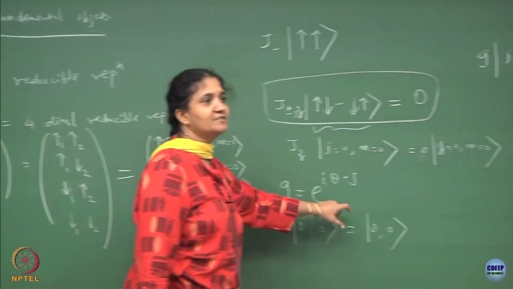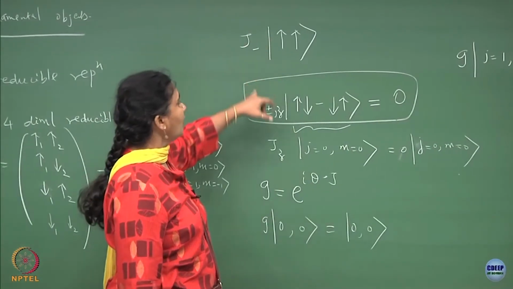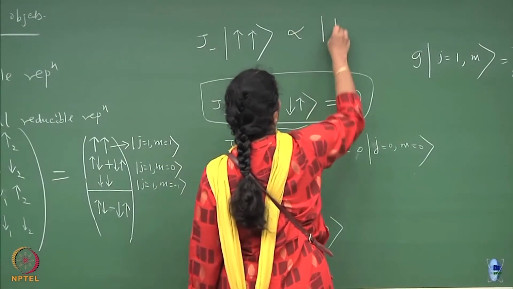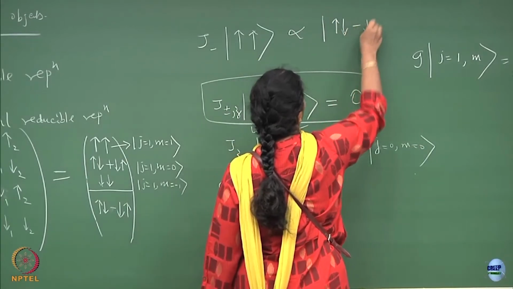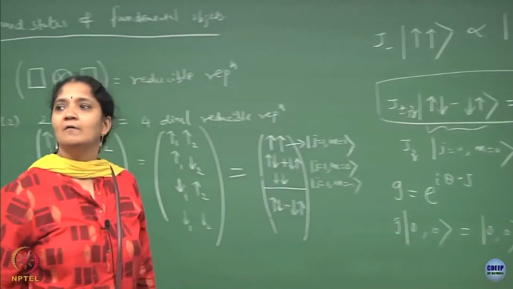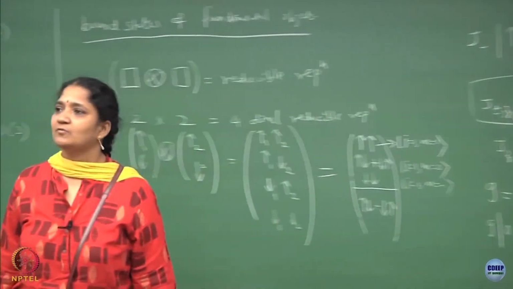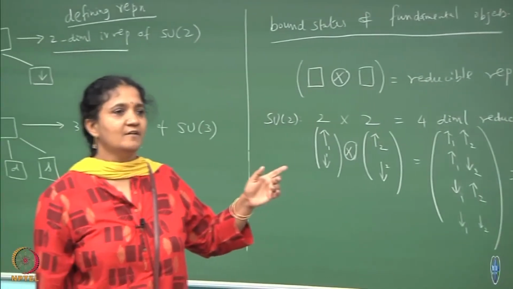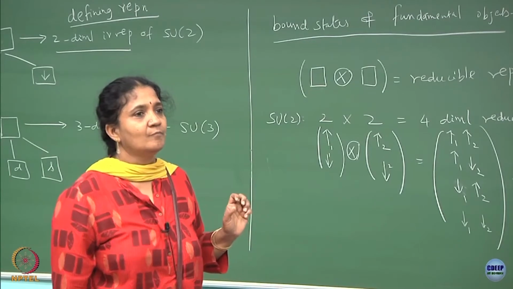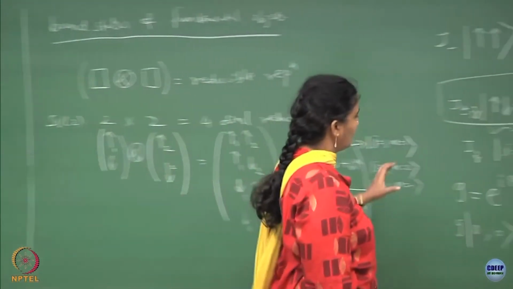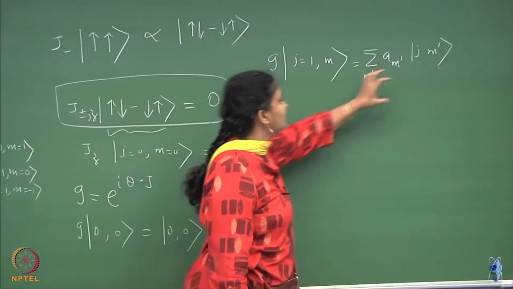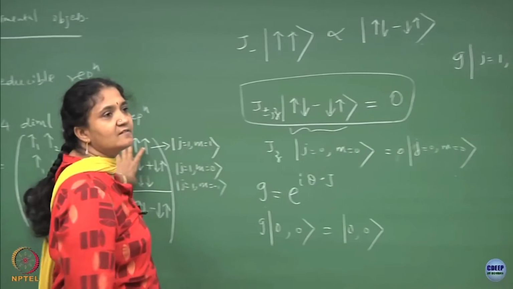Any group operation, because the ladder operators will take you from one to the other. So, j minus will give you up down minus down up, right. All of you have done this in the quantum mechanics course. I am not really doing the derivation here, but I am just trying to map what you know from group theory. So, the group operation is going to mix only amongst these states.